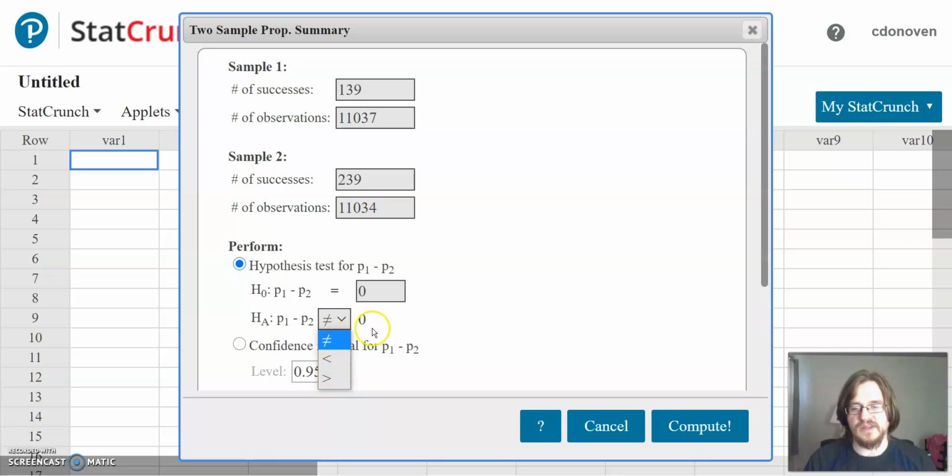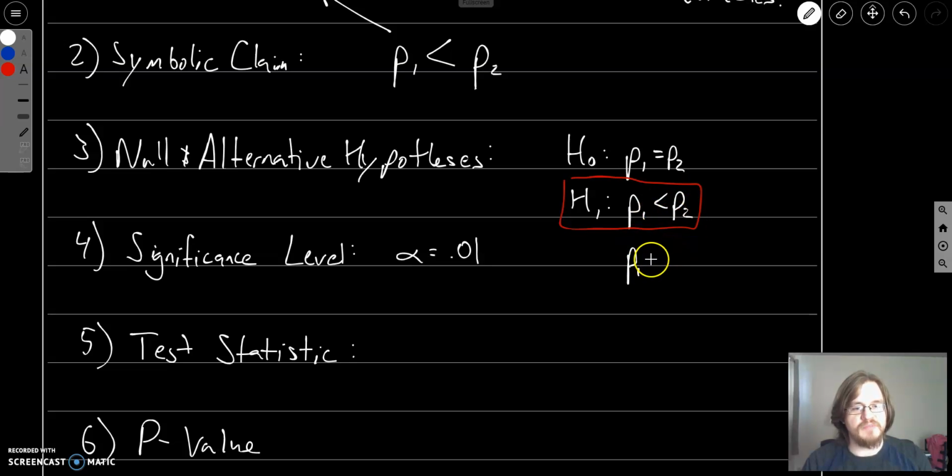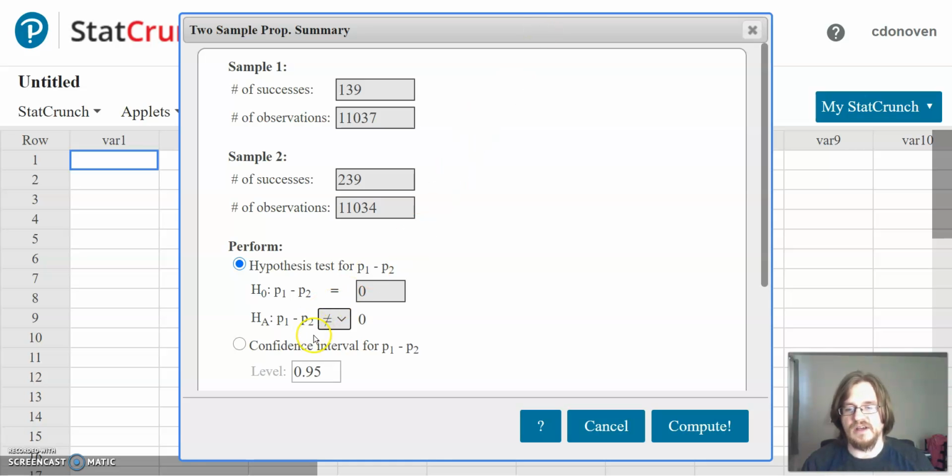If I subtract P2 from both sides, we have P1 minus P2 should be less than 0. And this should be what the alternative hypothesis is. If P1 is smaller than P2, when we take the difference, we should get a negative number.